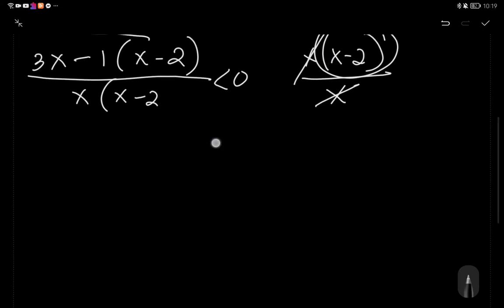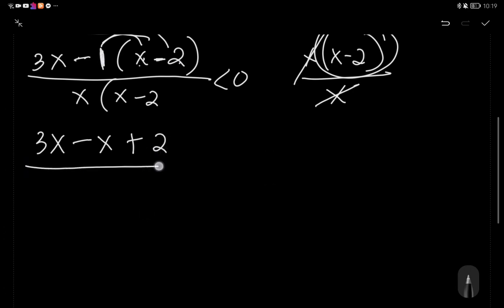Now, since na ay negative 1 dere, ato siyang i-distribute sa sulod sa parentheses para mawala si parentheses. So, that becomes 3x. Negative times positive, that is negative. 1 times x, that is x. Negative times negative, that is positive. 1 times 2, that is 2 over x times x minus 2, that is less than 0.